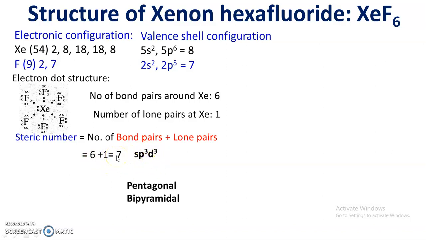Steric number 7 means its hybridization is sp3d3, and the possible geometry is pentagonal bipyramidal.